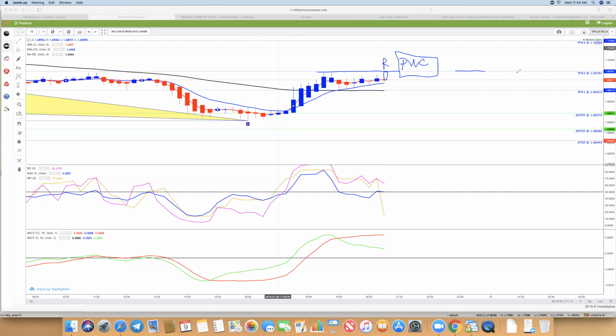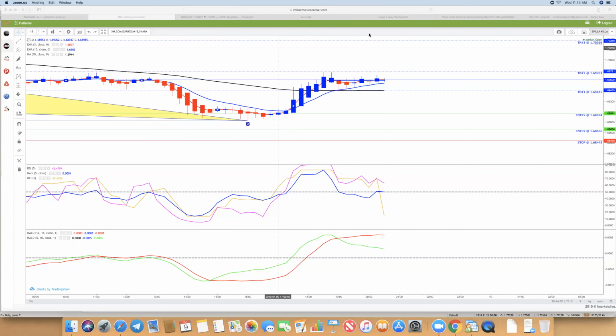I don't care if it crosses. If it's under this level, you're still in danger of it pulling back and going back to test this level. We need a break of this level with a flat bottom candle, and then you have space.